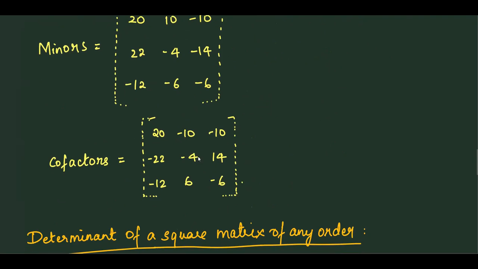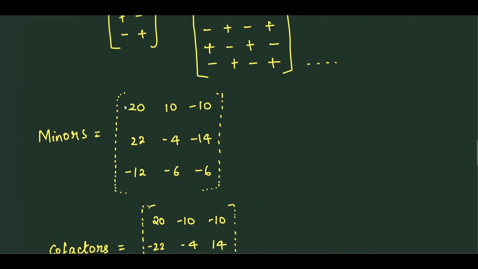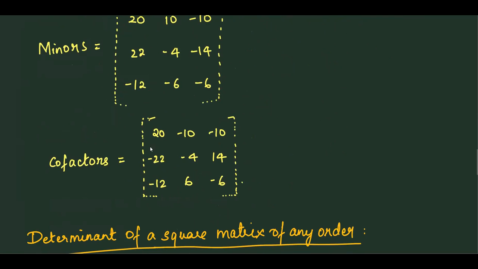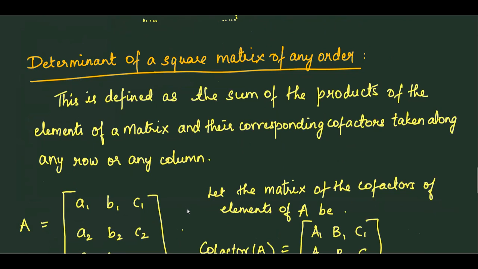We have written the minors of the corresponding elements here, and now you multiply with plus, minus, plus, minus, plus, minus, plus, minus, plus. When we do that, you get the cofactors. So till here we discussed yesterday.